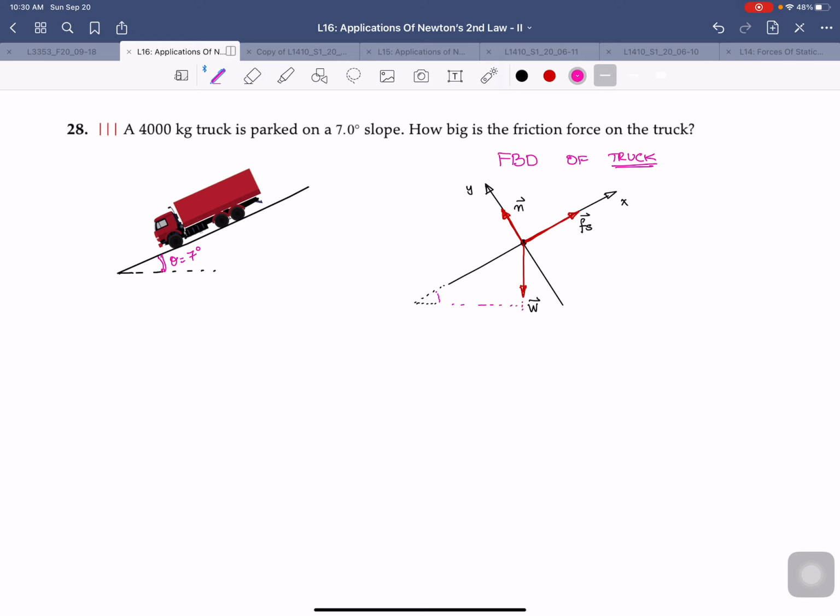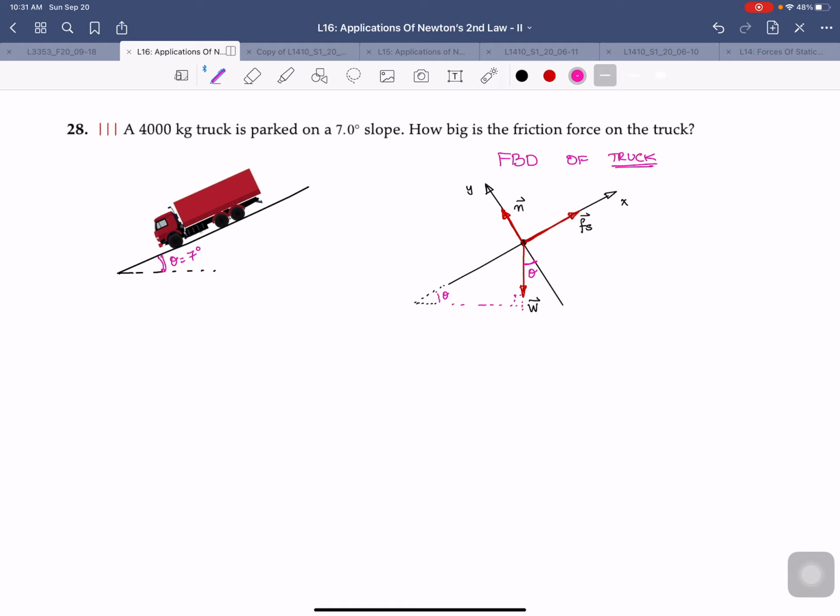Thinking in terms of right triangles, this angle is a 90-degree angle, which means this angle right here has to be 83 degrees. If this angle is 83 degrees, you could work with this angle. I personally prefer working with the same angle that's given here, which means this angle here is the same as the angle of the incline. So the angle that the weight makes with the negative y-axis is the same as the angle of the incline.